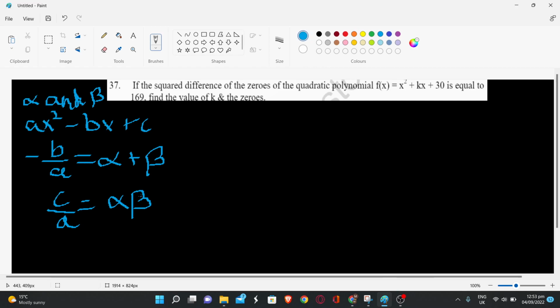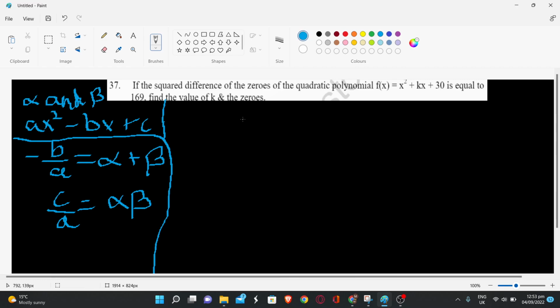All right, so now we have these two very important equations. I'll just put them in a box right here.